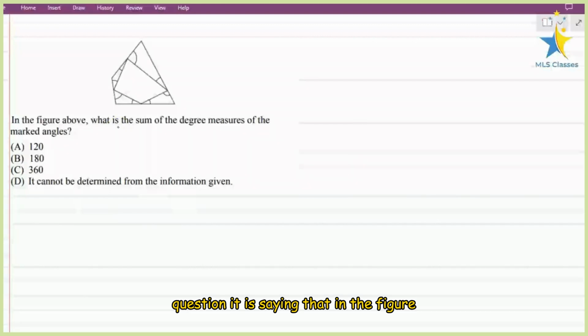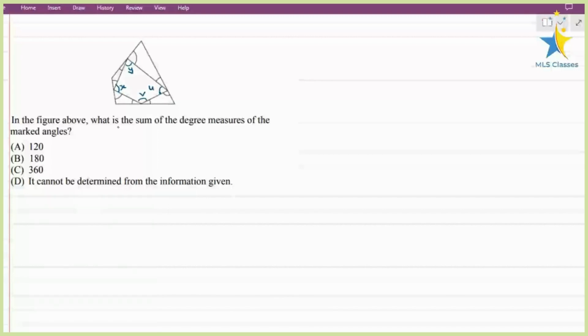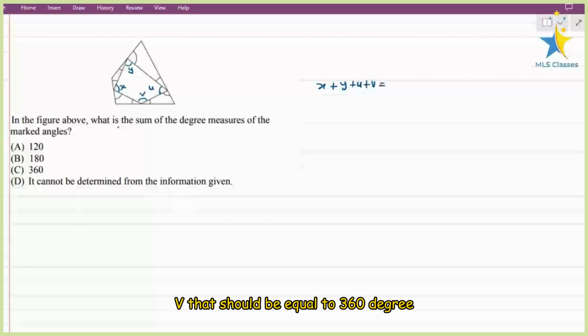In this question it's saying that in the figure above, what is the sum of the degree measures of the marked angles? So if we say this as x, this as y, this as u, and this as v, then x plus y plus u plus v should be equal to 360 degrees, because we know that the sum of angles of a quadrilateral is 360 degrees.